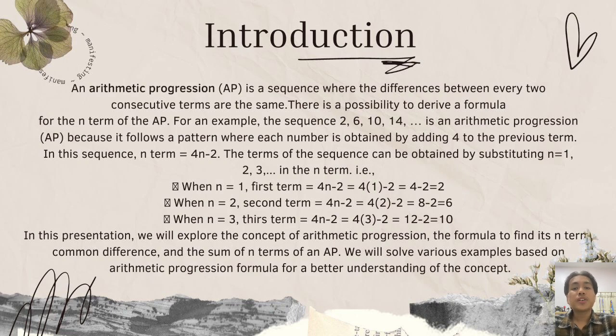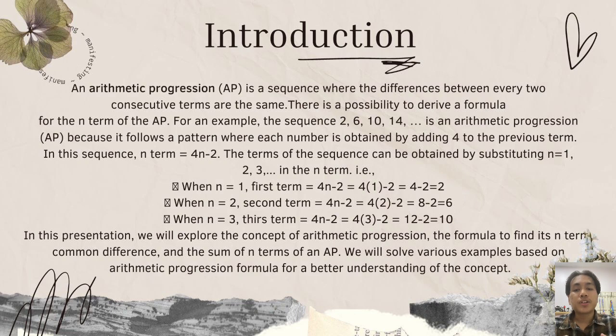Alright, now we are at the introduction. An arithmetic progression, or AP, is a sequence where the differences between every two consecutive terms are the same. What is the possibility to derive a formula for the nth term of the AP?